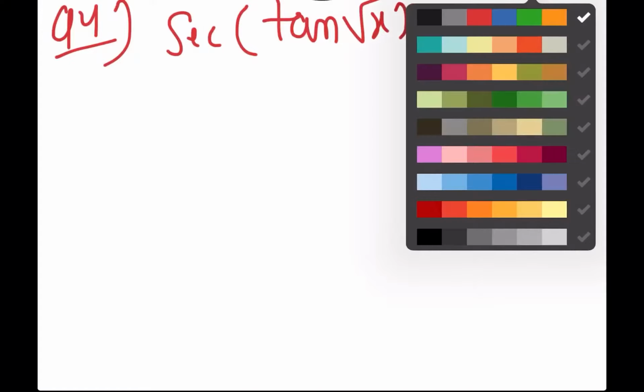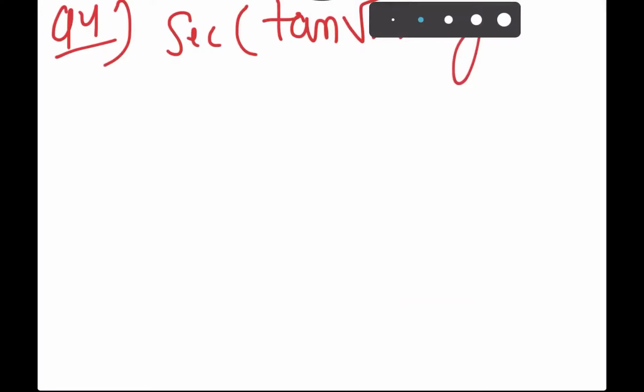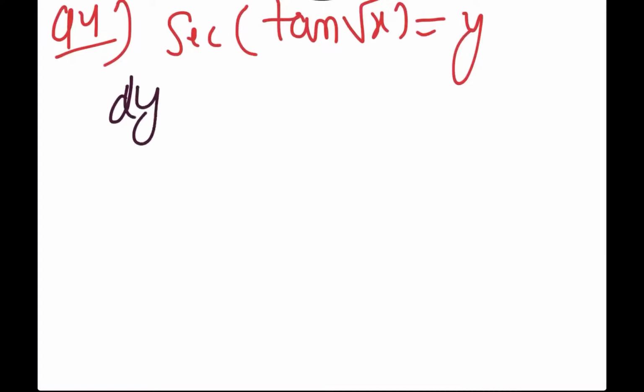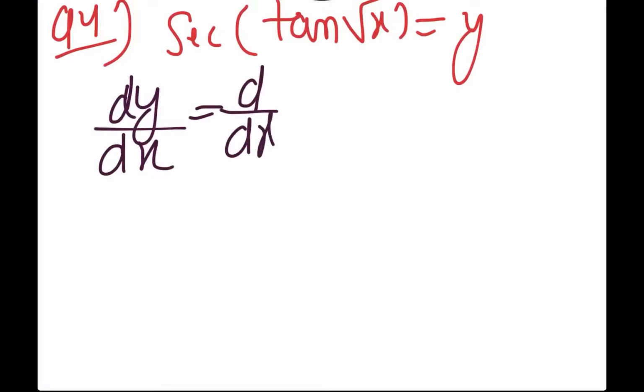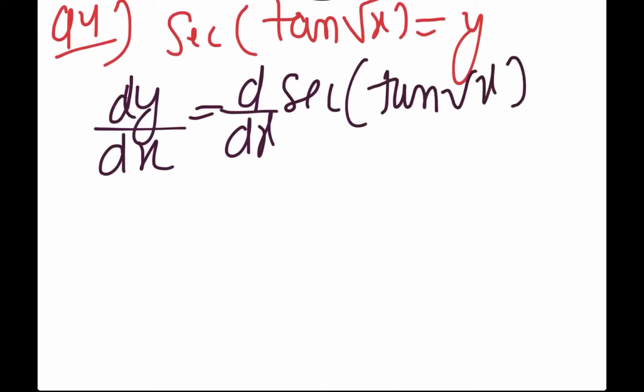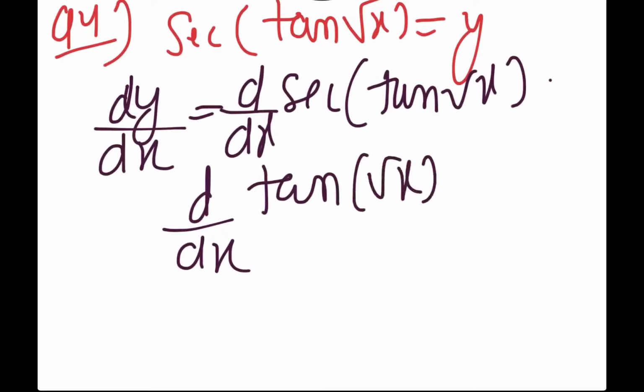So how to go about it: simply dy by dx is equal to d dx of, the first function is secant, so I can differentiate secant of tan root x into d dx of the second function, tan of root x. And the third function, root x, is also not a standard function.